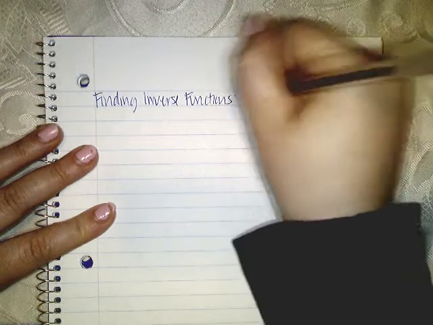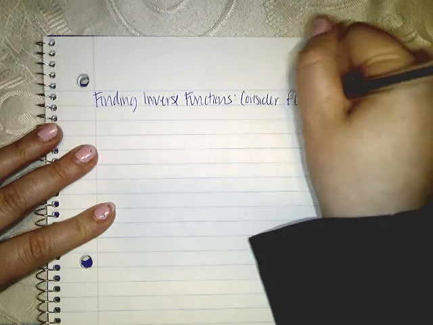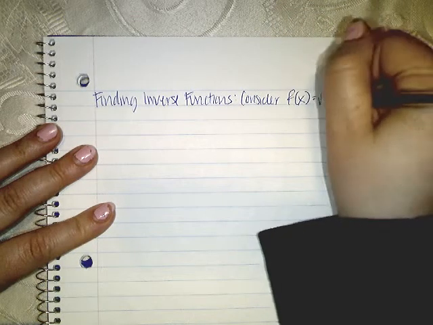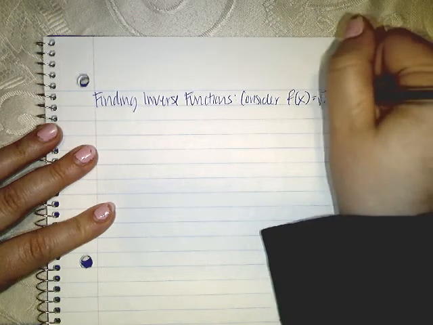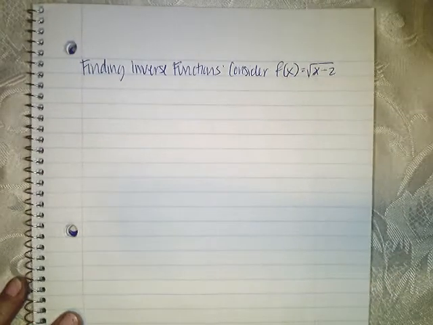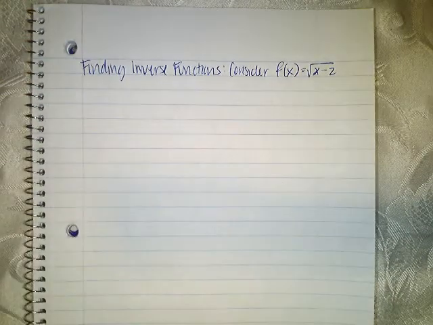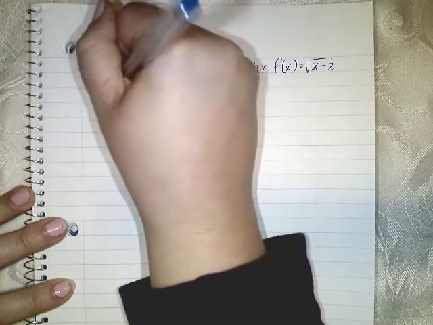I want us to consider the function f of x equals the square root of x minus 2. So that's our original function equation. I'm going to do a few different parts building off of this original function, but the first thing I want us to consider in part A is what are the domain and range of the original.